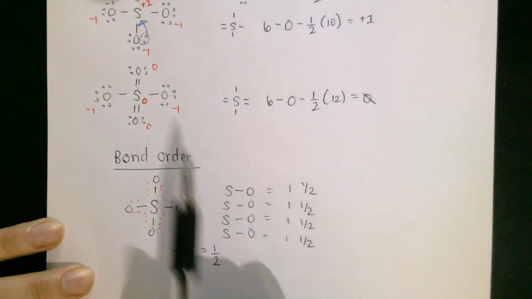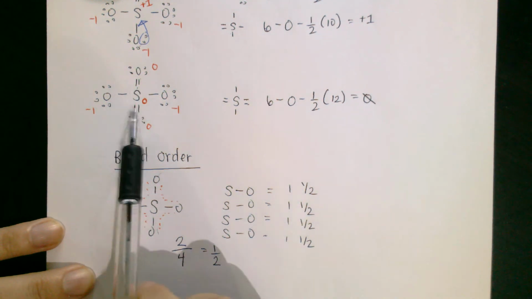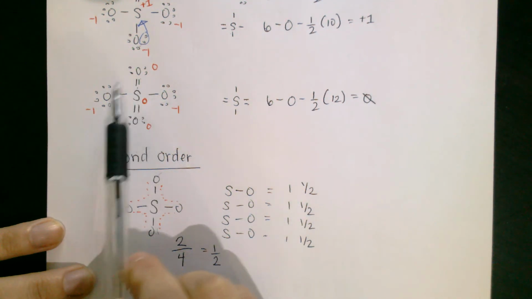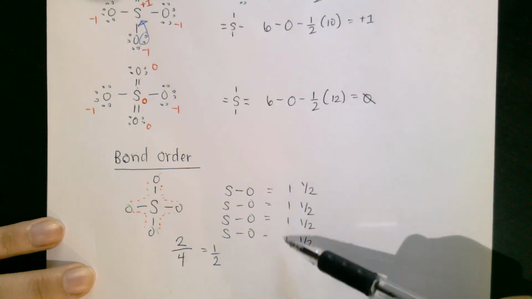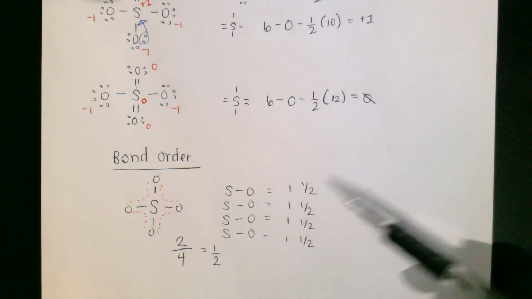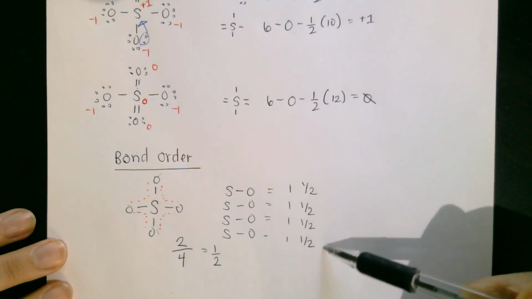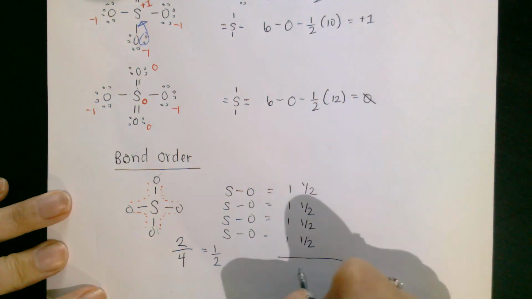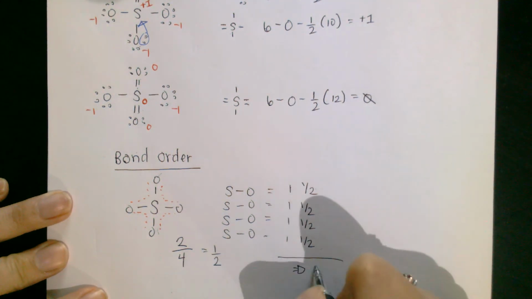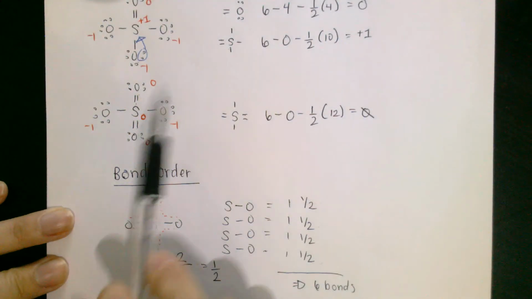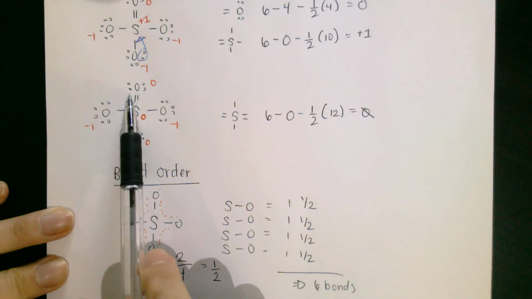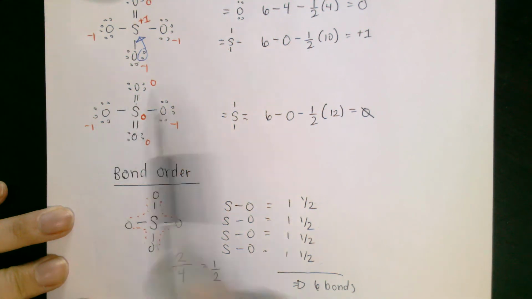If I add this up, I should get the total in this molecule. I have 1, 2, 3, 4, 5, and 6 total bonds, which again, we know from up here, 1, 2, 3, 4, 5, and 6.